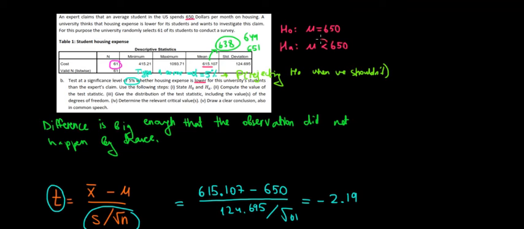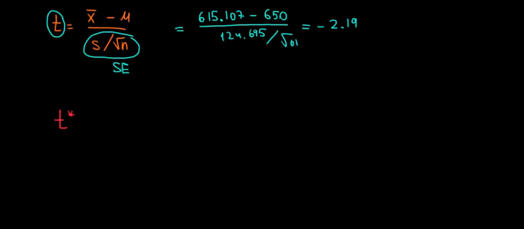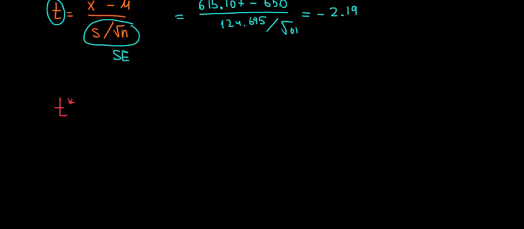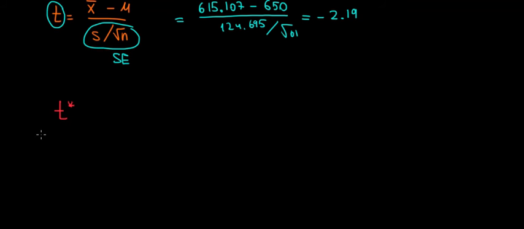The rejection region is going to be on one side, so we will have one tail of the distribution that we care about, meaning that we want a significance level of 5% on one side only. So 5%, and the degrees of freedom is n minus 1. 61 minus 1 is 60 degrees of freedom. If we look this up in the table, the critical value would be equal to 1.67.